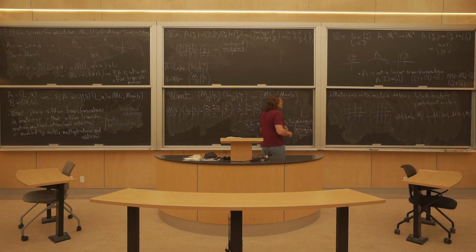You can just pretend that the matrix entries are really numbers, and you can do multiplication and addition as you would do with regular numbers. Okay? Any questions about any of this? Okay.